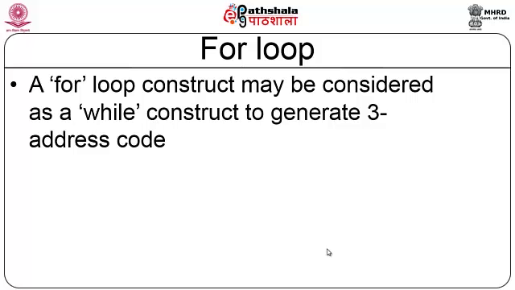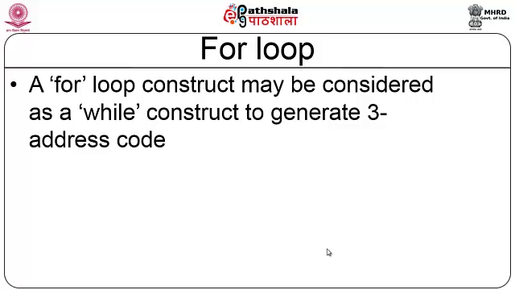Now a for can be considered as a while construct itself to generate 3 address code. In a for loop you will have the body of the for loop, and the body of the while loop is typically the same, but the index increment is part of the for label itself, whereas in the while it will be in the body of the while.